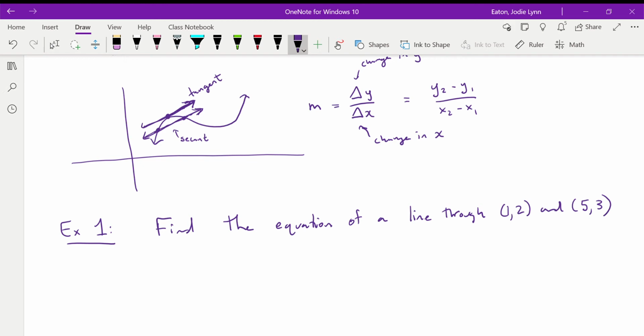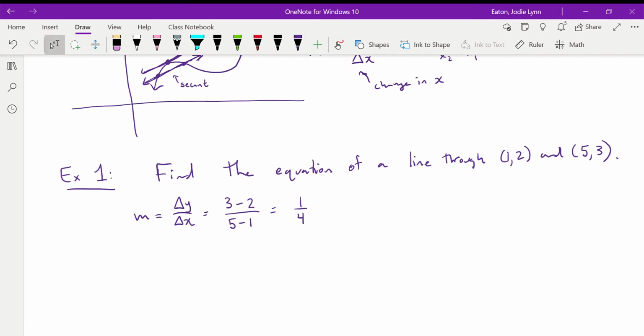Okay, so our slope, m, is delta y over delta x, which is 3 minus 2, we're subtracting the y's, over 5 minus 1, we're subtracting the x's in the same order, which is 1/4.